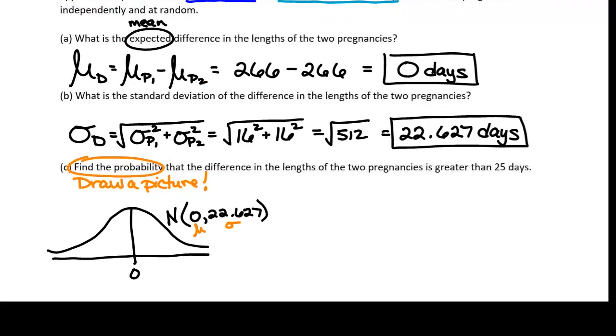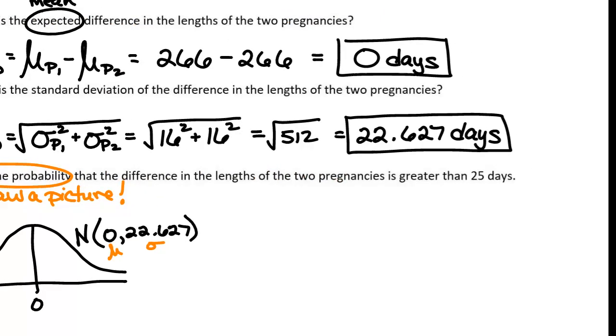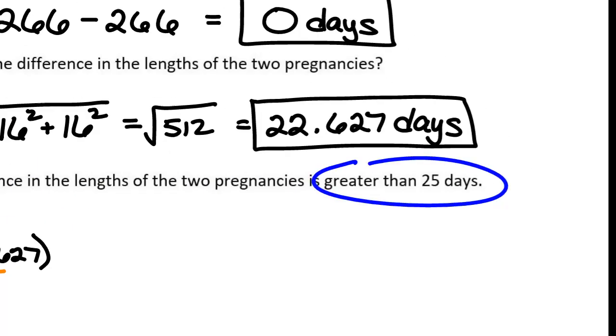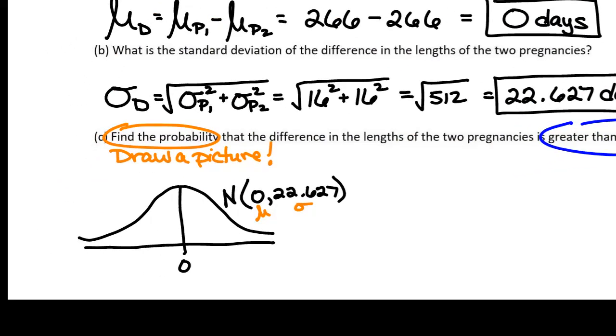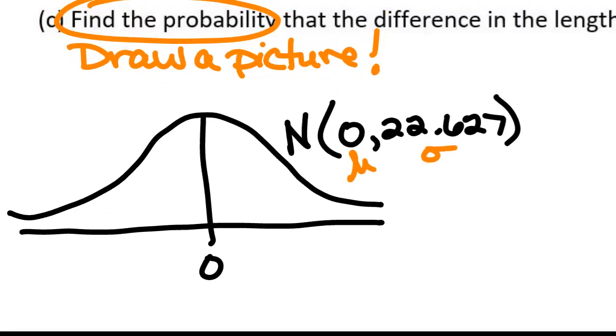We want to know what is the probability that the difference is greater than 25 days. So we are going to do a normal CDF, yes. But I want to stop and think about this for just a second. I'm going to mark my picture up. 25 would be over here somewhere, right? Isn't there somewhere else I could put a marking where it's 25 days or more?